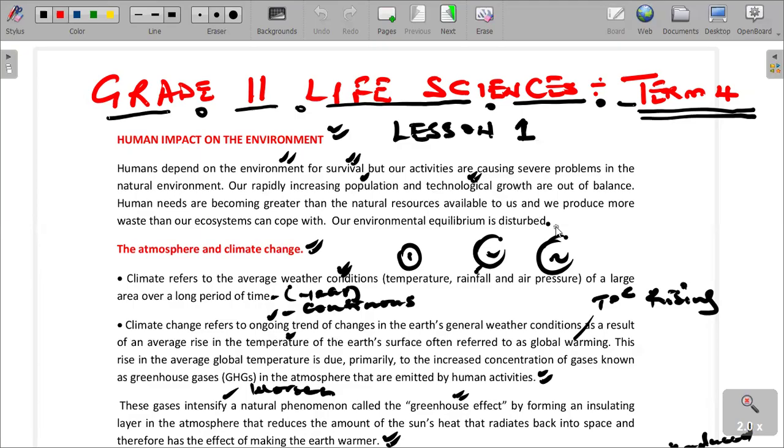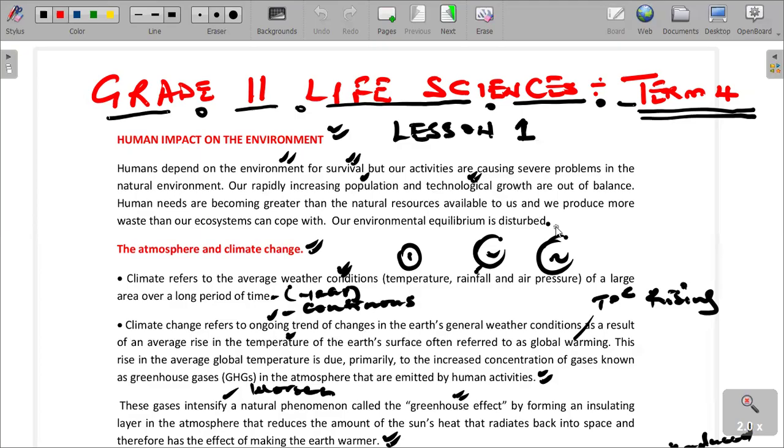This is a natural social effect: in any given community where we have people, waste is produced. There is dumping, there are unintentional spillages, and all forms of disposal, some of which are unhygienic and not recommendable in terms of the sustainability of our natural environment. So our environmental equilibrium is disturbed because of human impact.